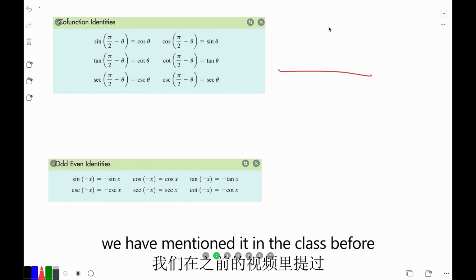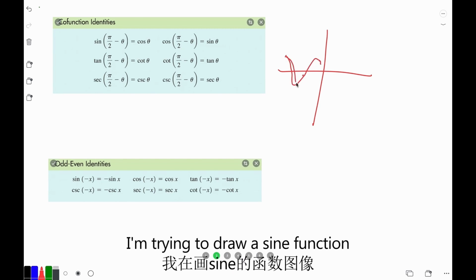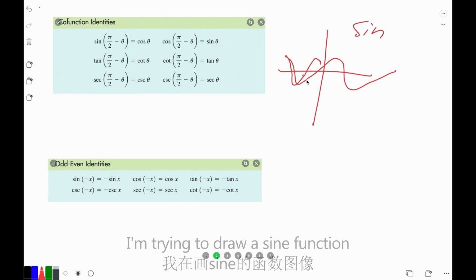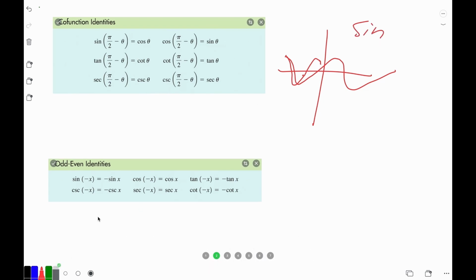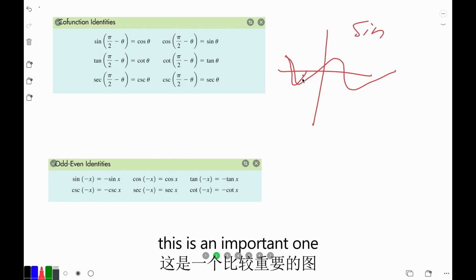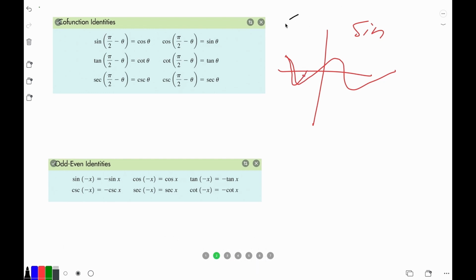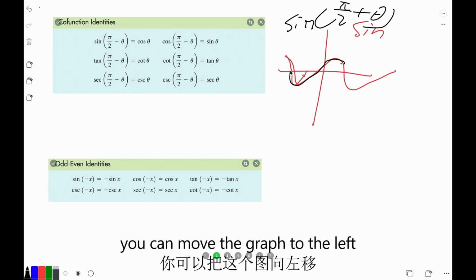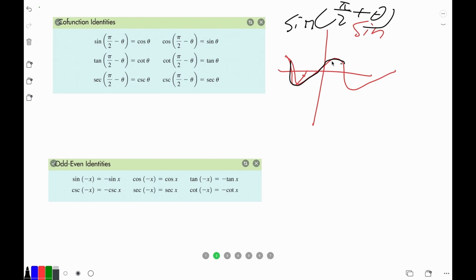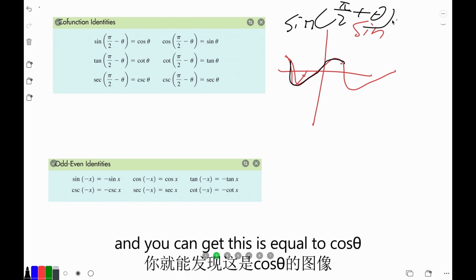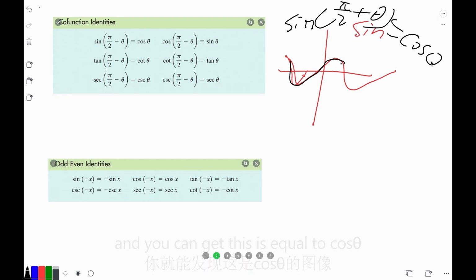We covered this in the previous class. I'm trying to draw a sine function, and this is an important one. What is sine of pi over 2 plus theta? You can move the graph to the left, and you get cosine theta.